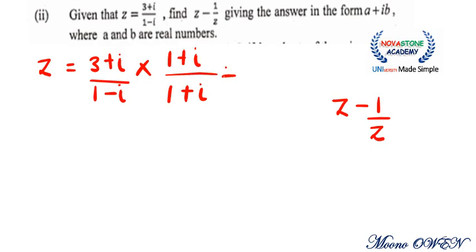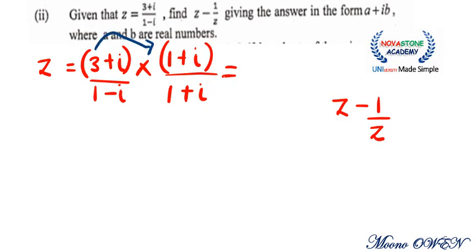Okay, so what am I going to have when I multiply on top? On top I'm multiplying this and that. The 3 is going to multiply with everything in the bracket, and then the i is going to multiply with everything in the bracket. So let's start with the 3.